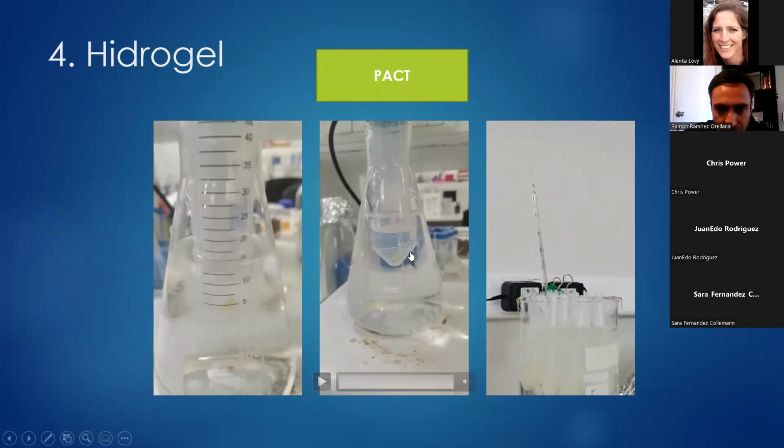Y esto requiere temperatura, y uno tiene que estar constantemente monitoreando tanto el pH como la temperatura, y ir filtrando este buffer de lavado. Hay que estarlo constantemente filtrando.